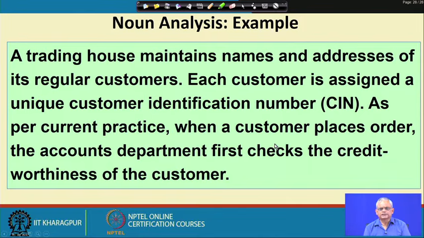Now, let us take an example to see how the noun analysis is performed. But let me just tell that even though here we really do the noun analysis, as you gain some experience of solving a few dozens of problems, or at least a dozen of problems, you do not have to really do the noun analysis, identify all nouns and then eliminate the ones which are not classes.